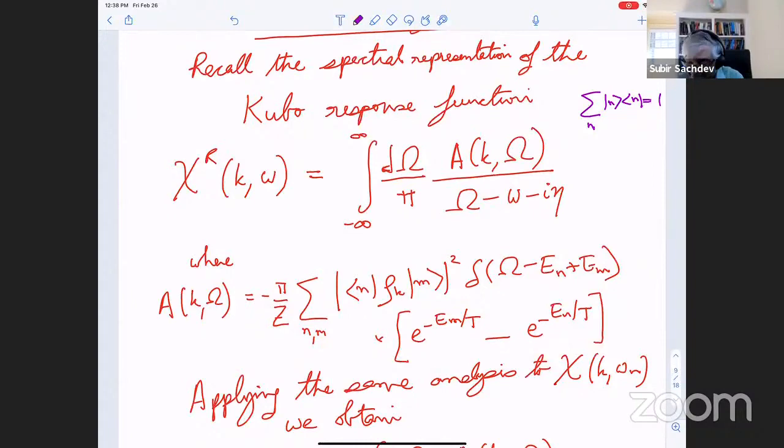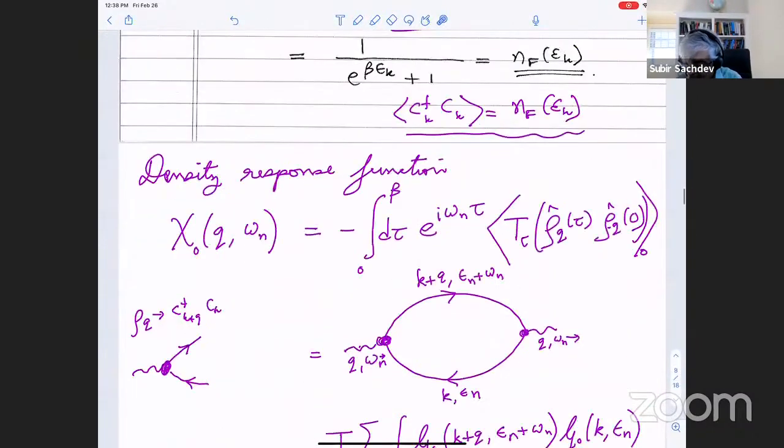Now you apply the same procedure to this expression. You take this expression, the time-ordered expression, and you put in complete sets of states here and out here, and manipulate it and do the integral. It's really straightforward. It's in all the books, and just a few simple steps.